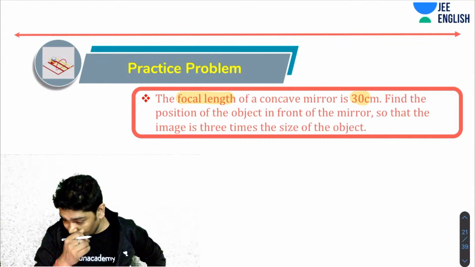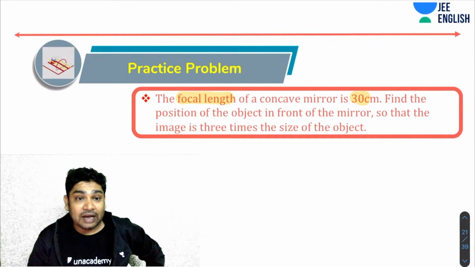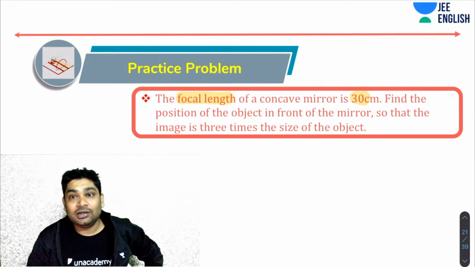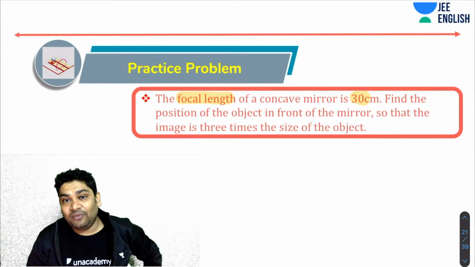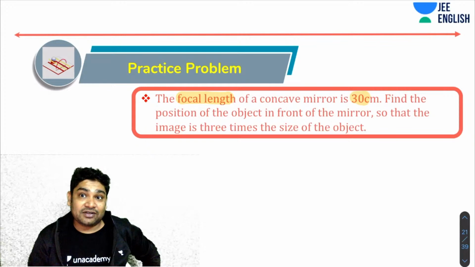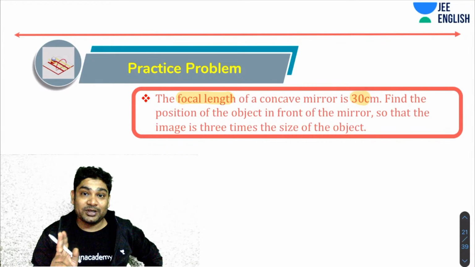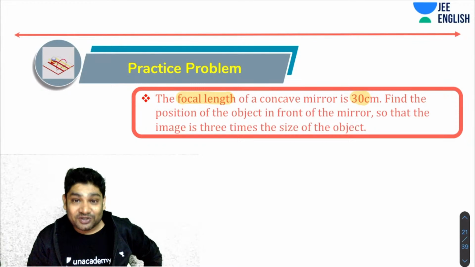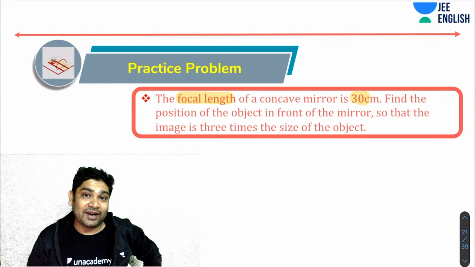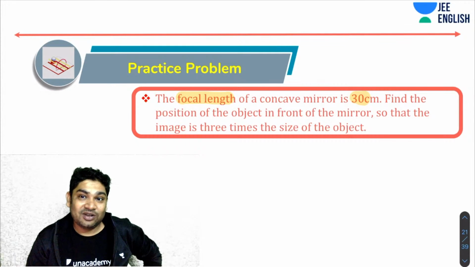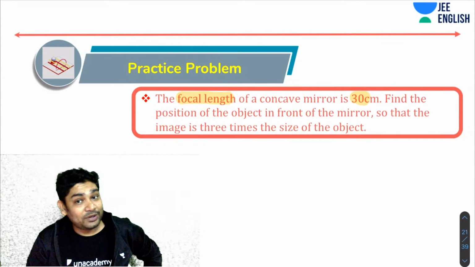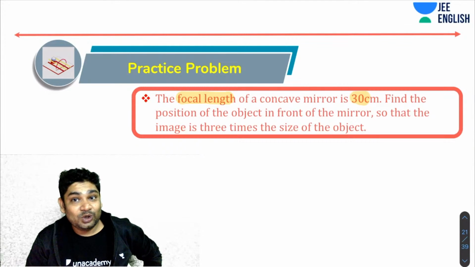Okay. So here, please remember you'll have to consider two cases. Because if the image is to be formed which has three times the size of the object, there can be two kinds of images. Okay, remember, virtual images are also formed magnified by concave mirrors, right? So you can have two kinds of object distances.